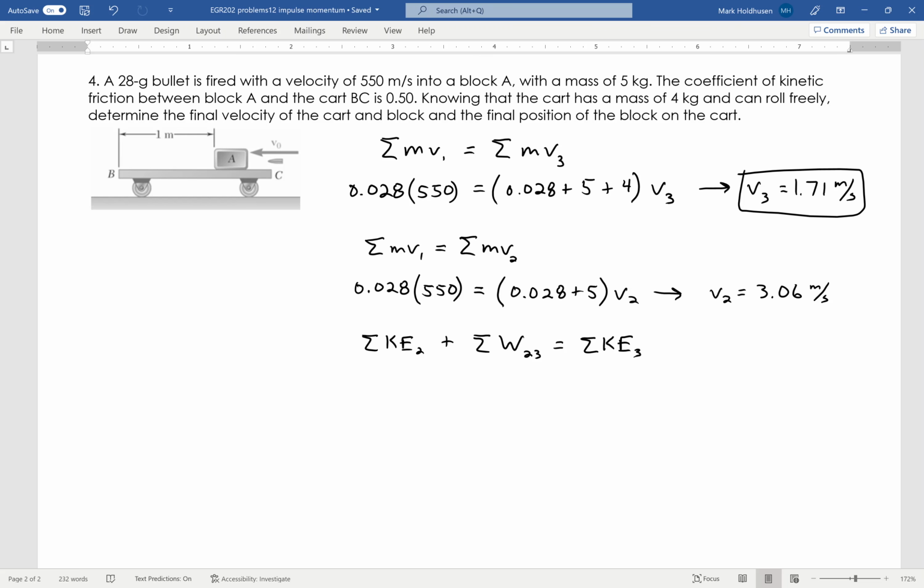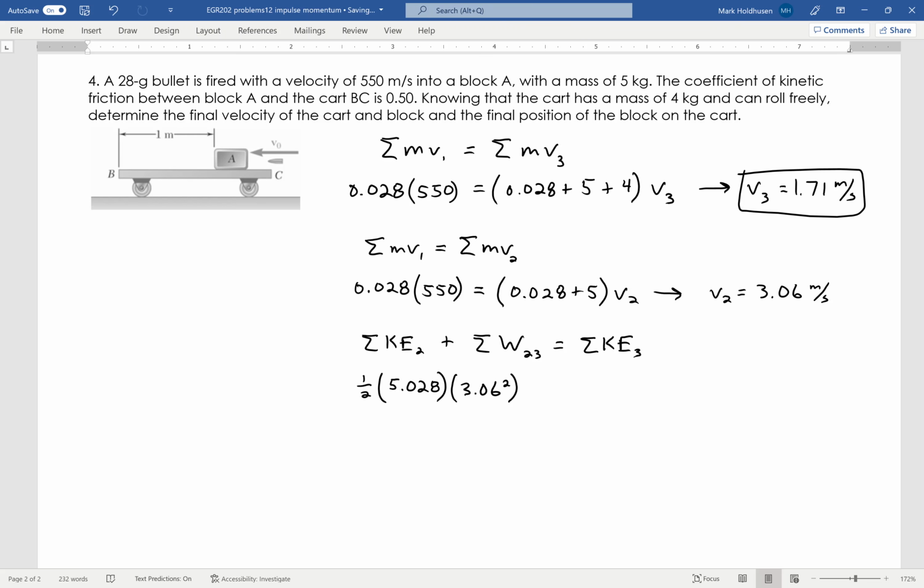Initially my kinetic energy is just the bullet and the block, with mass 5.028 and velocity 3.06 squared, which we just found.